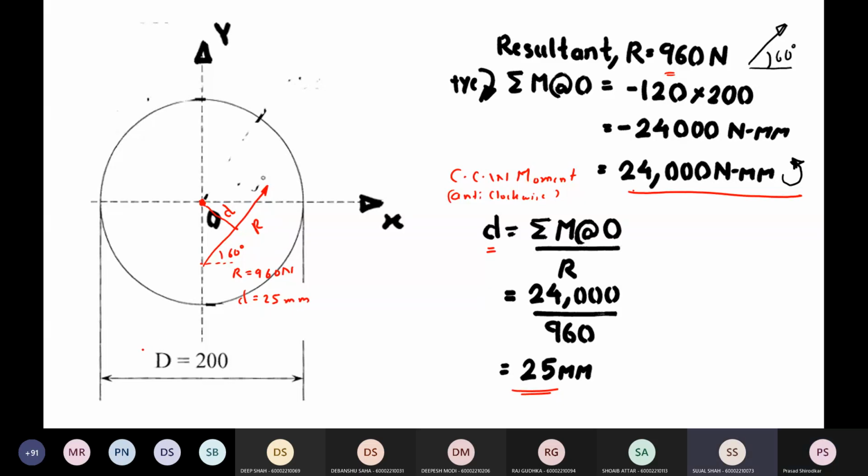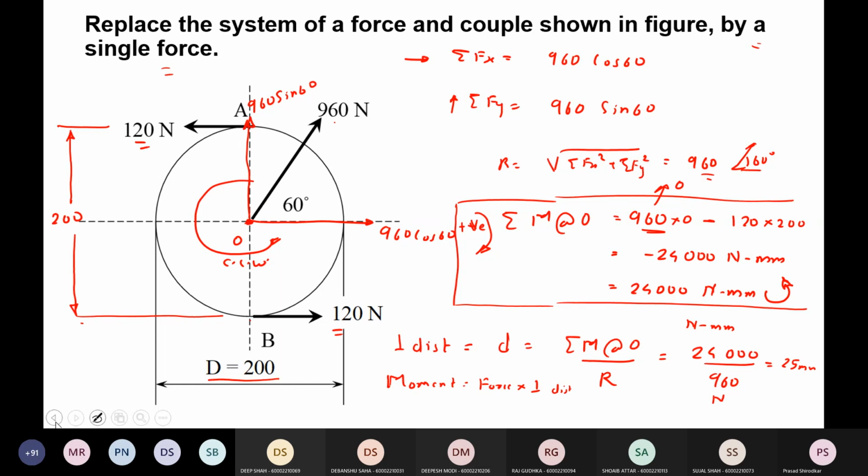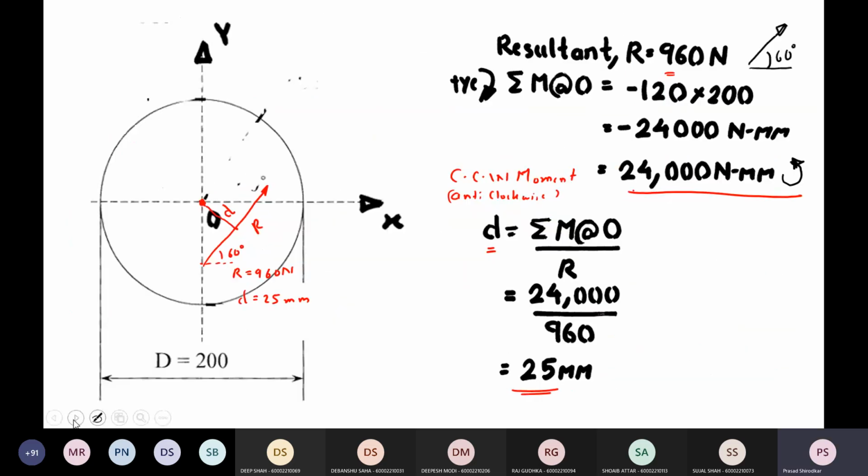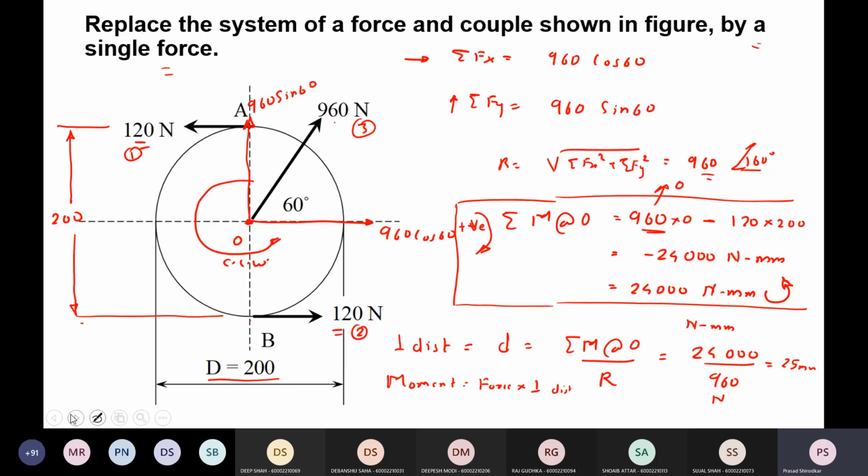Okay, sir, got it. All right. So we have replaced the three forces, 120 newtons, this 1, 2, and 3, by a single force. That is the resultant, which will produce the same effect at point O as the combined effect of these three forces.